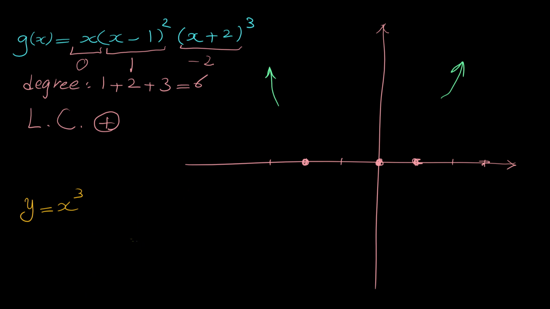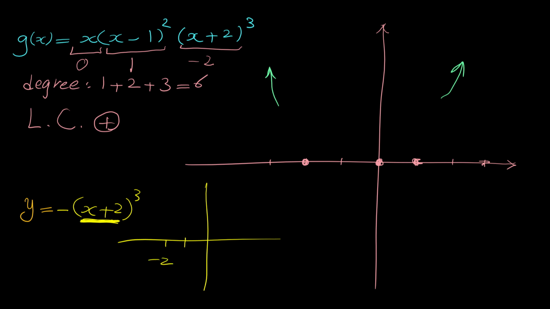And for example, another example, if we look at the graph of, for example, negative (x plus 2) to the 3, its graph crosses the x-axis at negative 2. But when we graph this, it's like this. As you can see, when we have a factor with odd degree, it crosses.